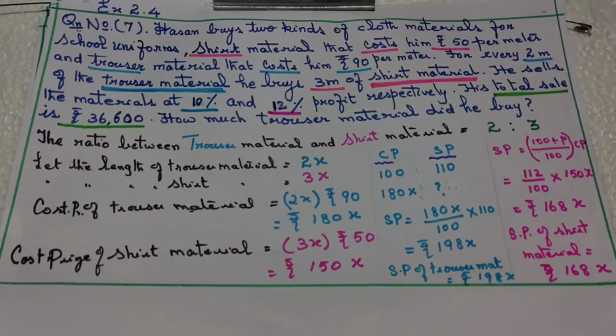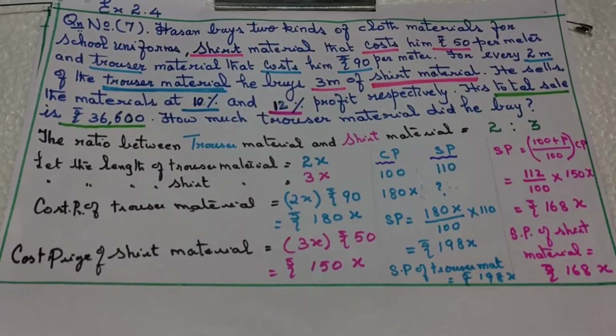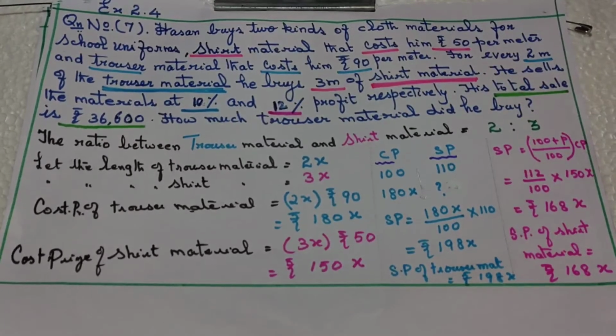Suppose the problem is given as for every shirt material, the trouser material, then everything will be changing. So read the question carefully and answer according to that. Read the question twice or thrice till you understand what is given and what is asked, how to proceed with. Let us move on to the next problem now.